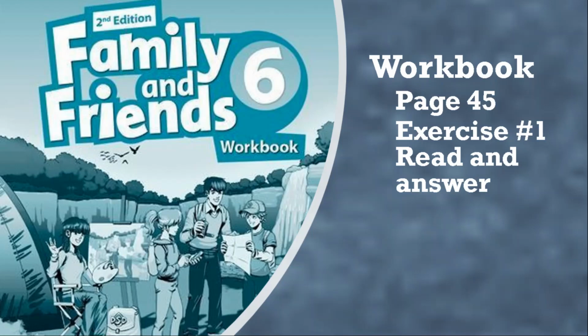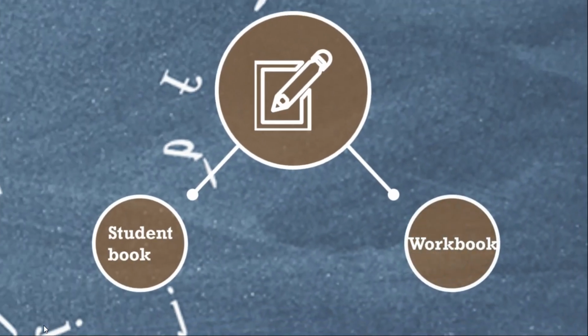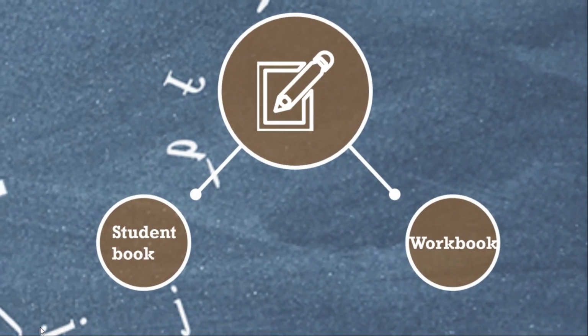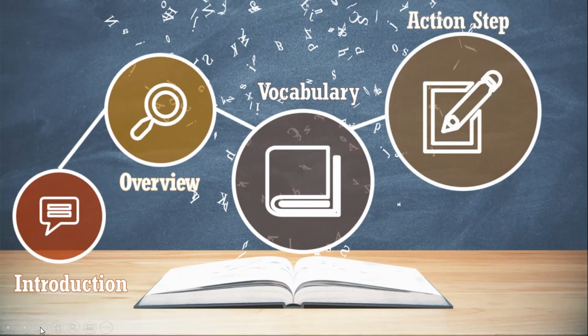Exercise number 1, I want you to read it and answer it very carefully. Okay, so that will be all. If you have questions, just contact me in my messenger.